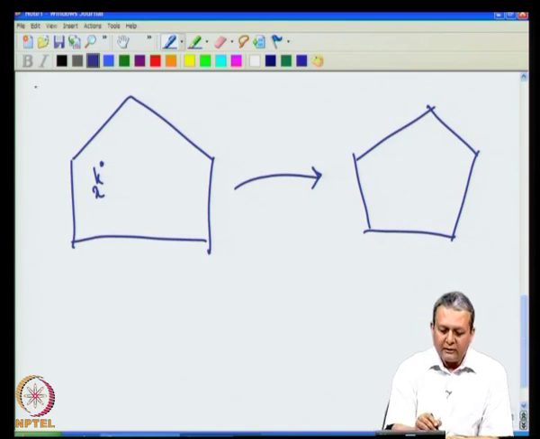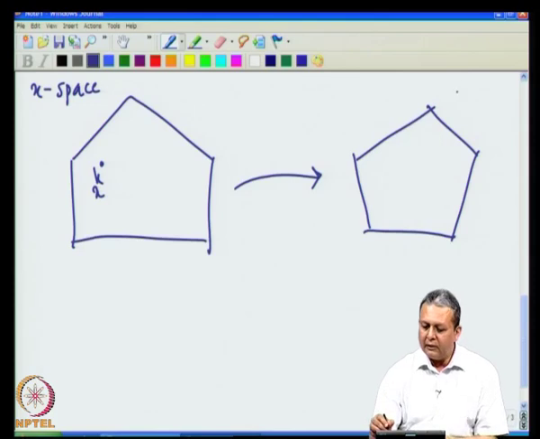Let us call this the x space and this the y space.